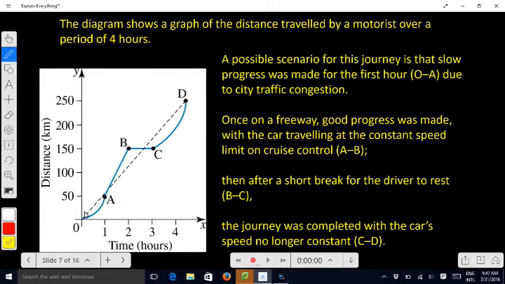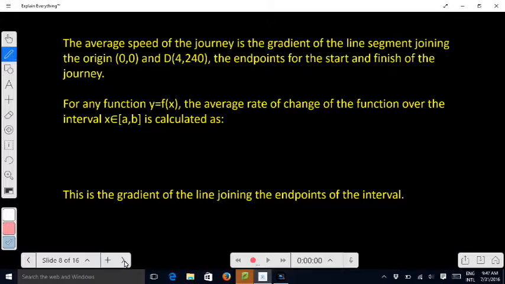So the aim of this chapter is to look at the individual parts and have a look at the gradient of those, the rate of change between particular times. As I said, the average speed of the journey is the gradient of the line joining the origin and the final destination. So for any function y equals f of x, the average rate of change of the function over the interval a to b is calculated as follows.